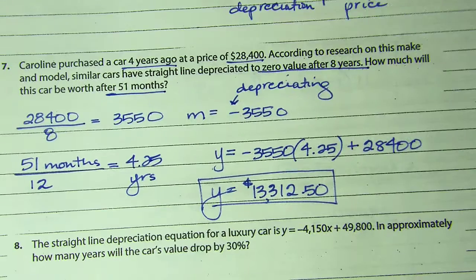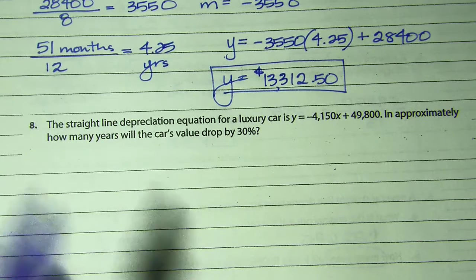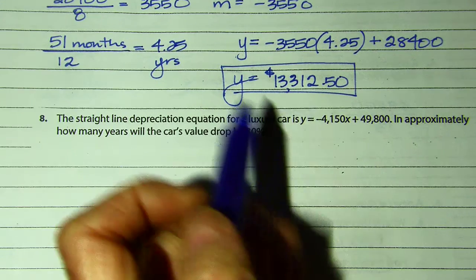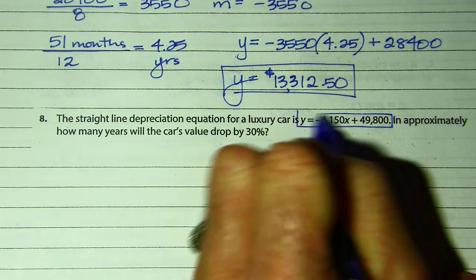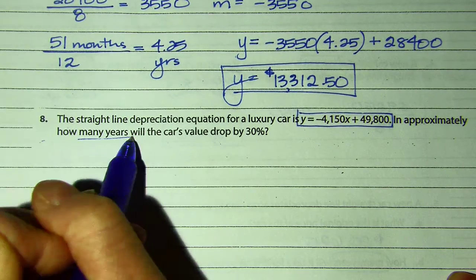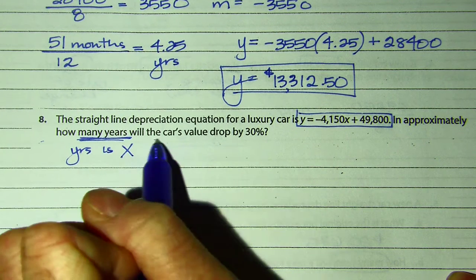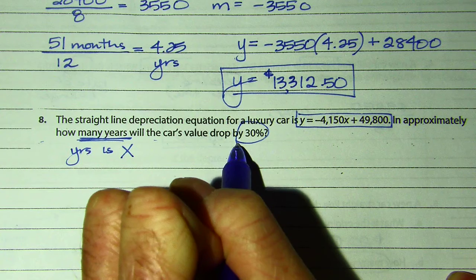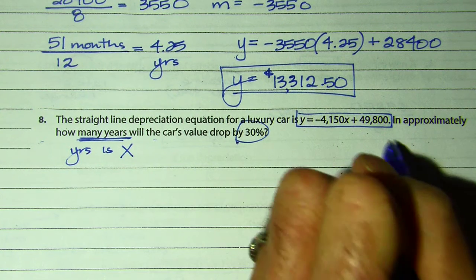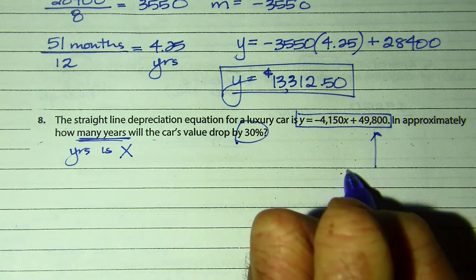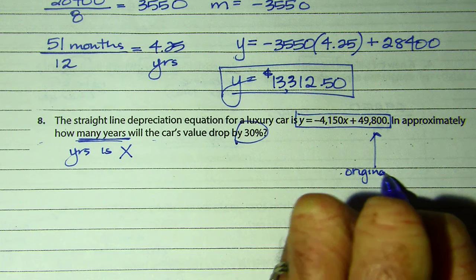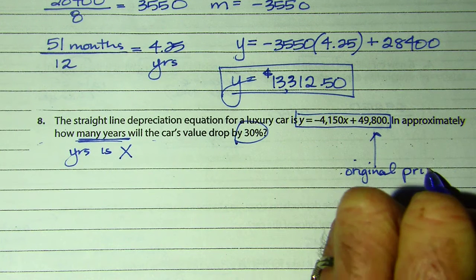Number 8. The straight line depreciation equation is here. In approximately how many years, remember years is X, will the car's value drop by 30%? So let's first figure out that right there is the original price.